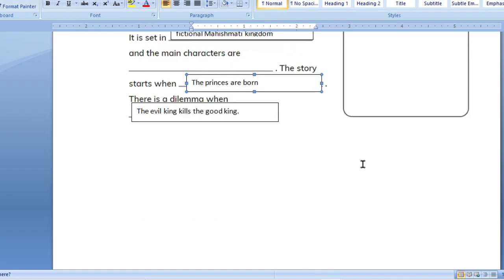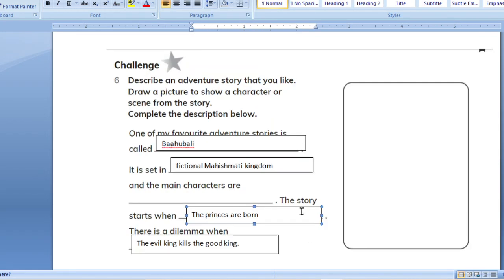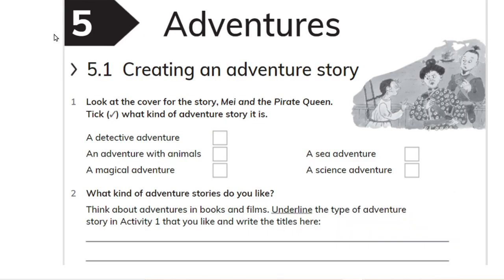Alright? Okay. So today I have given you, or rather I have attached, 3 worksheets. I know you might say, oh man, but all you have to do is give me only the answer. So you write one, you look at the picture. Is it a detective adventure? Is it an adventure with animals? Look at the picture, just say, does it have animals?